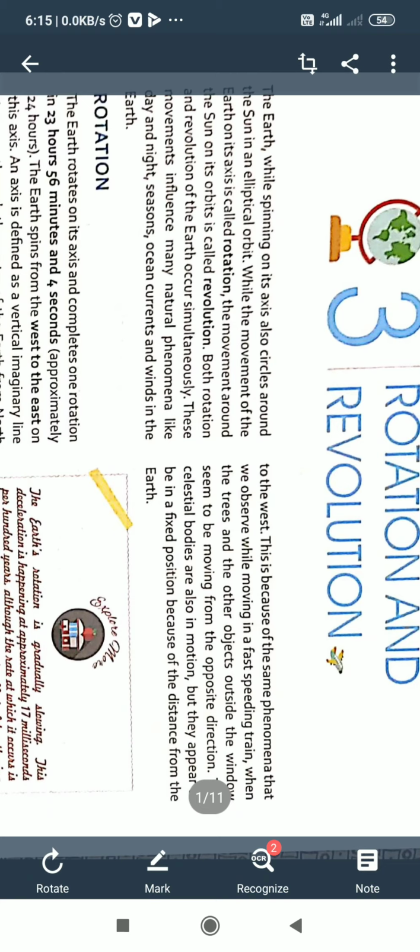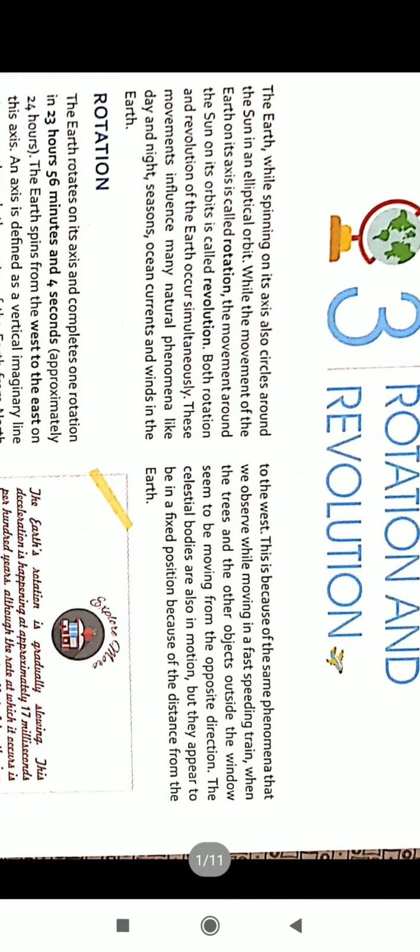Now, students, I am going to tell you about rotation and revolution. Every day we observe the sun rising in the east, and with it starts the day. At noon it is at the highest position in the sky, and thereafter it starts declining to set in the west in the evening.